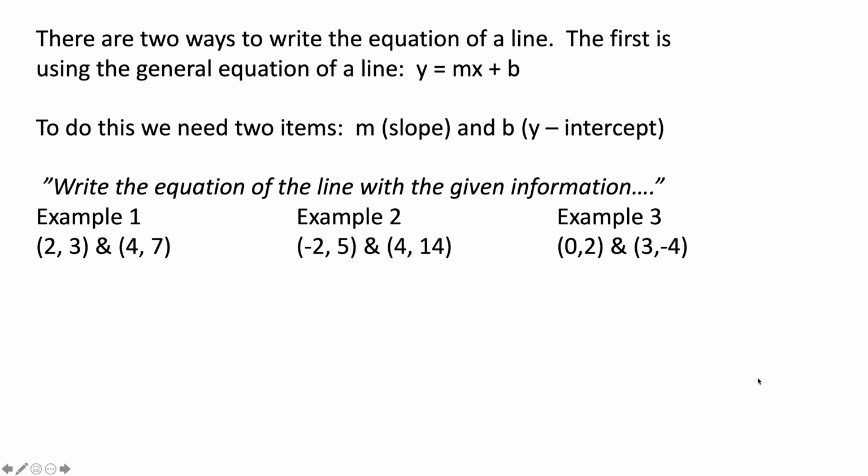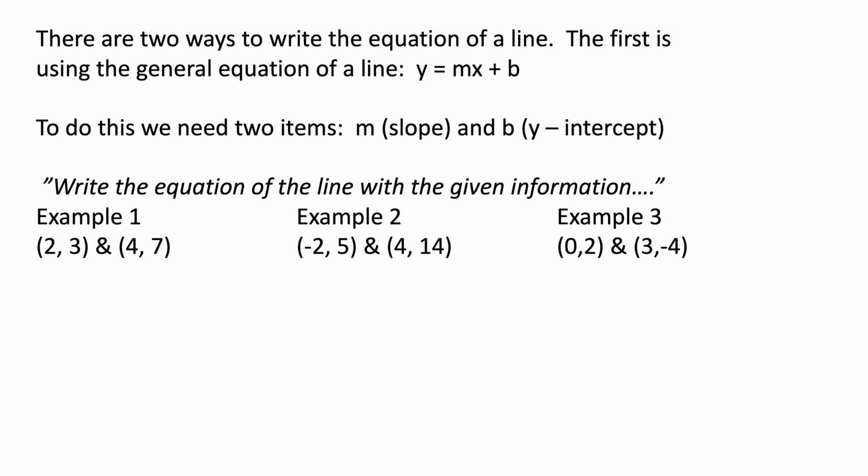Okay, the other possibility, or there's a couple of other possibilities, but the one you'll see frequently is if instead of giving you the slope and the y-intercept like we just did, we give you 2 coordinates. Now remember, you need the slope and the y-intercept. So you need to use the slope formula if I'm going to write the equation of a line with the given information.